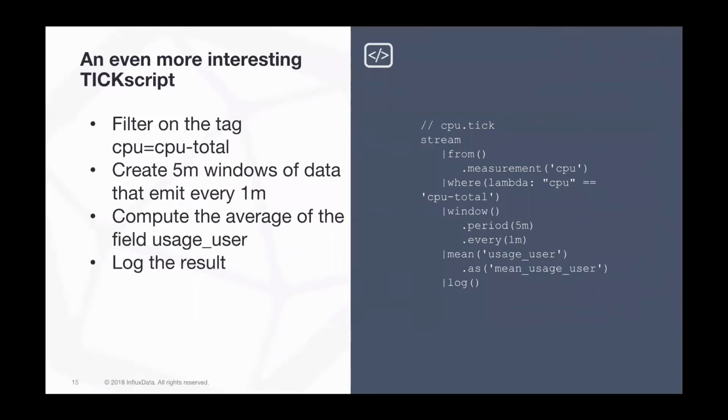So we're going to be filtering on the tag cpu, so we'll only be looking at cpu-total, or any data with cpu-total. And then still from there, we'll be creating those 5-minute windows of data that are emitted every 1 minute, and then also calculating the mean of the usage_user, and then logging the results of all that data.